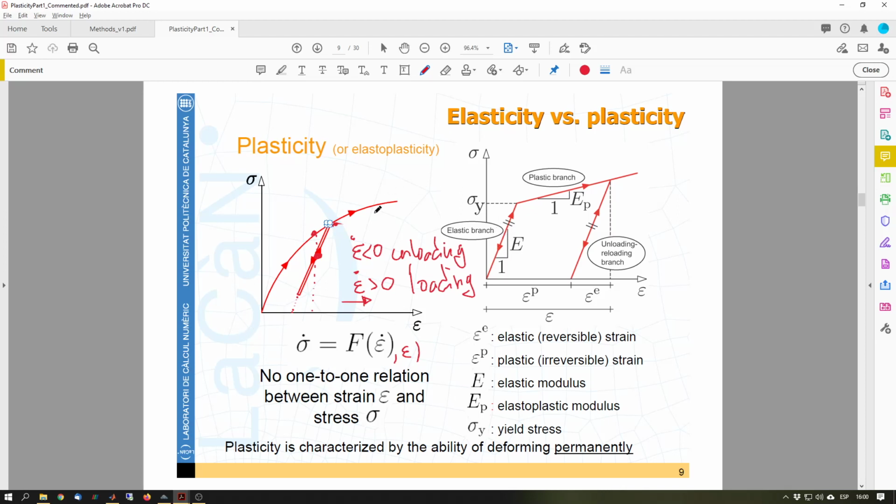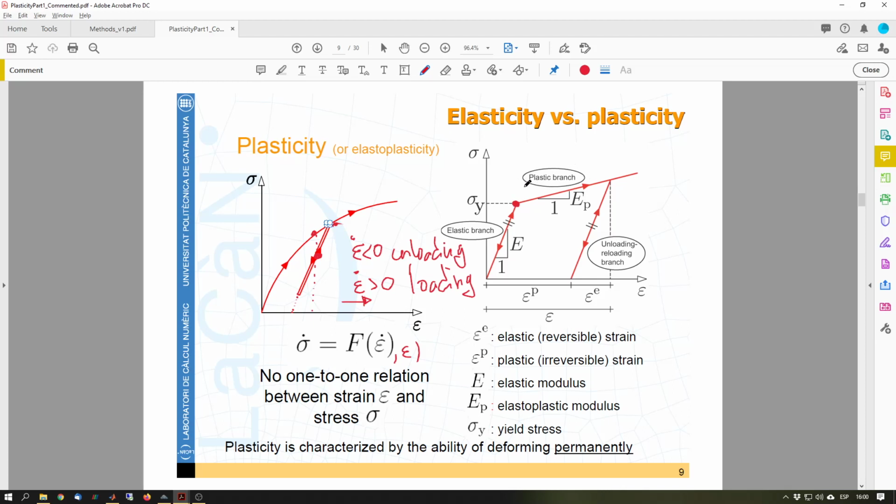So a simplified model of that behavior would use straight lines instead of these non-linear curves. You have fully linear behavior up to a maximum stress value, beyond which stress can still increase, but with a different slope. So something has happened inside the material.